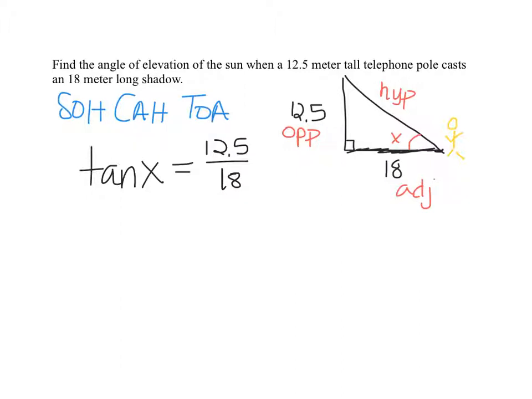Okay, so how do we solve for an angle? Remember, to undo the tangent from the side that's attached to the x, I need to take the tangent inverse. I need to undo tangent from the x so that I can get x by itself.